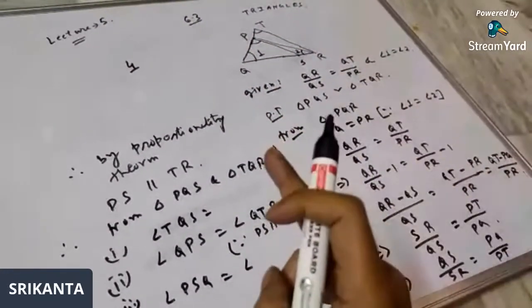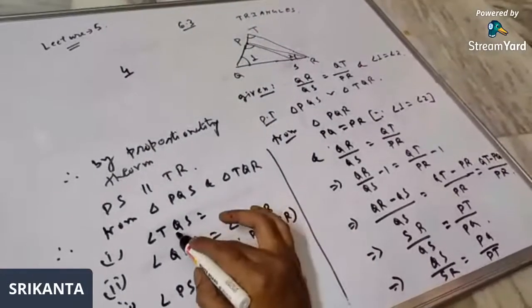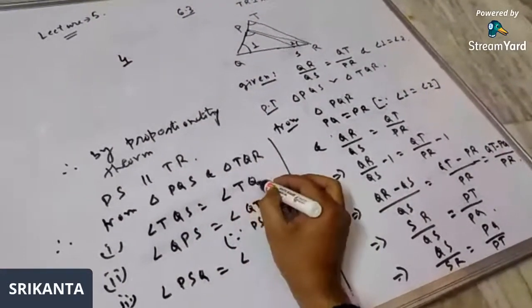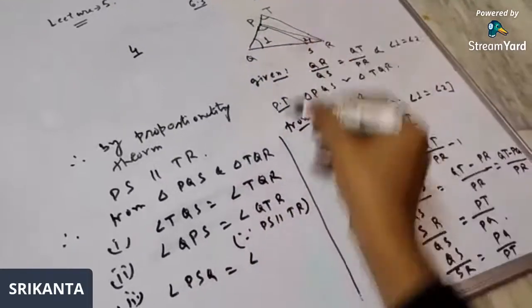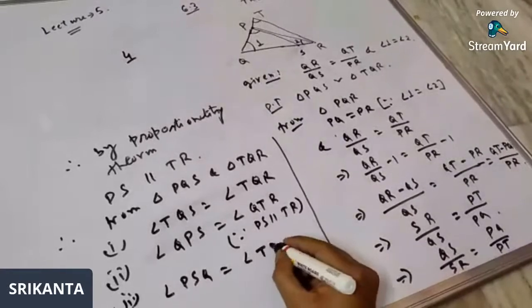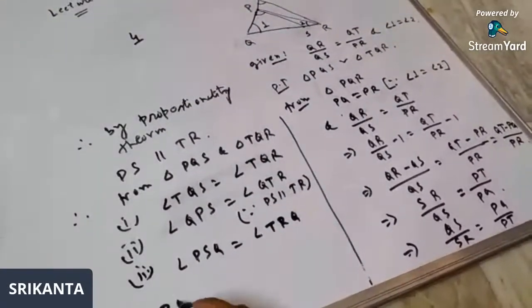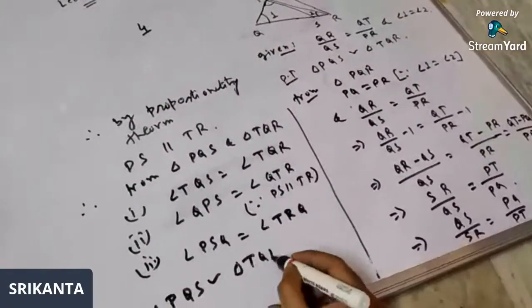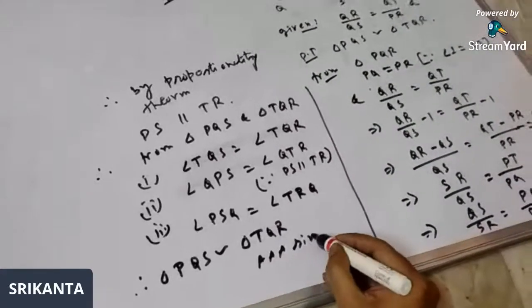Both PQS and TQR both contain angle Q. So if you here write TQS and there you write TQR, angle Q is equal to angle Q, and now this angle should be equal to that angle. That means TRQ. So angle similarity. Therefore PQS is similar to triangle TQR. Why? Angle similarity.